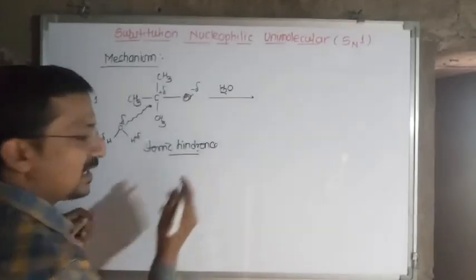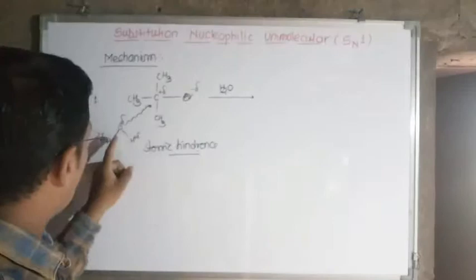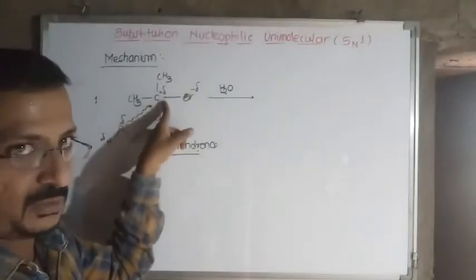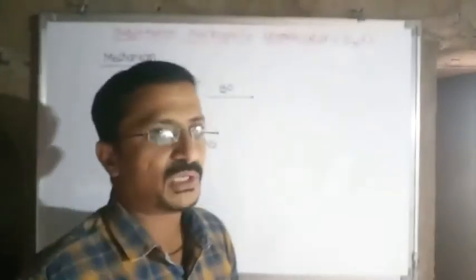Due to that steric hindrance or crowding factor, water does not approach up to that carbon. No doubt attraction is there, because one is negatively charged and the other is positively charged, but it does not approach up to that carbon. And during that course, some amount of energy is released.